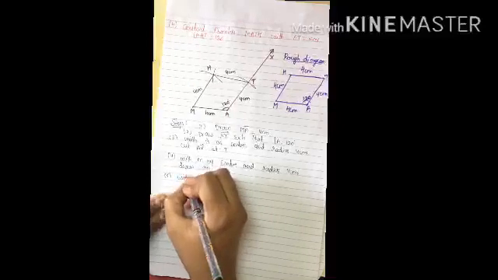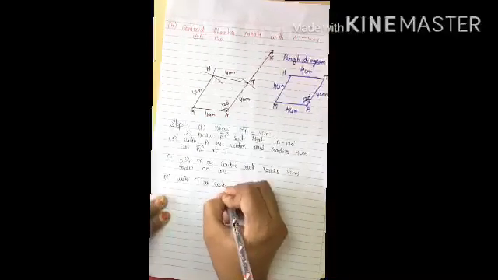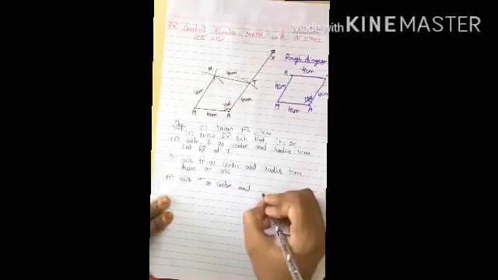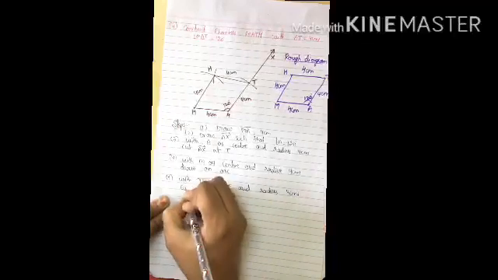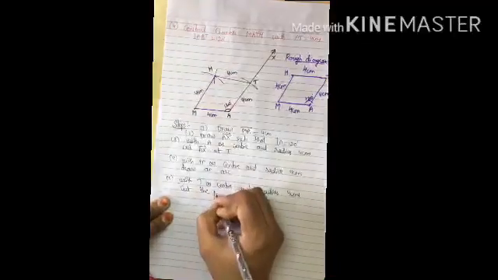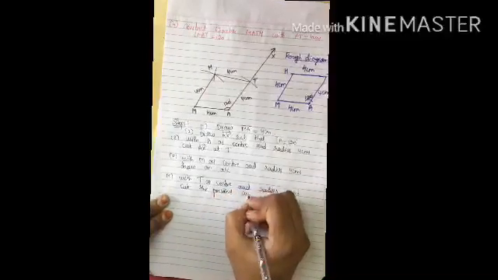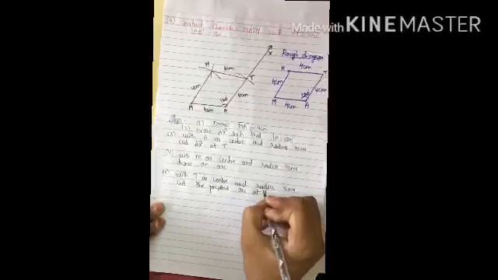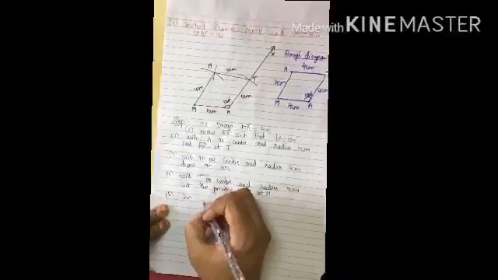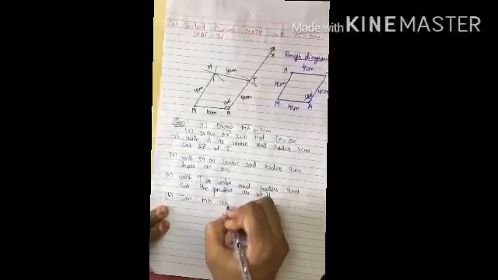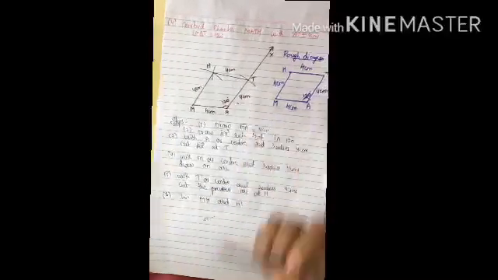Next, with T as center and radius 4 centimeters, cut the previous arc at H. Now join, what you have joined here, MH and HT. So this is the required rhombus.